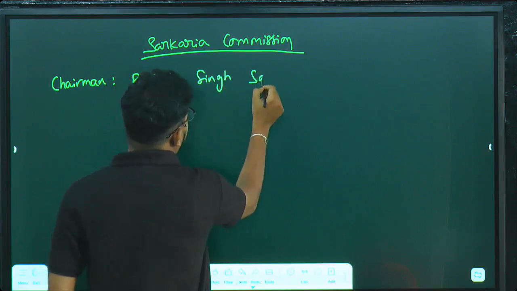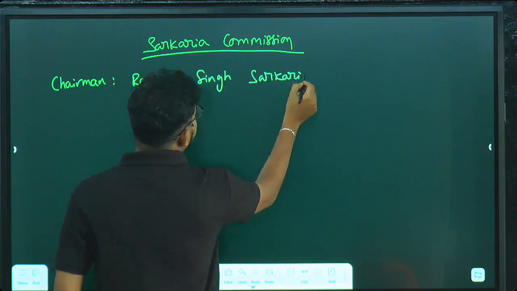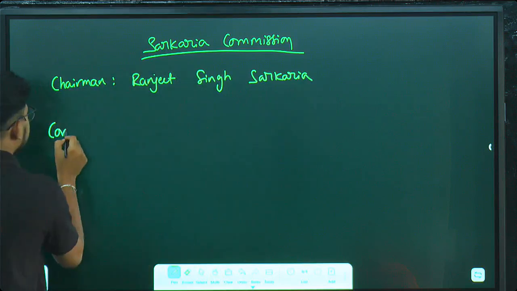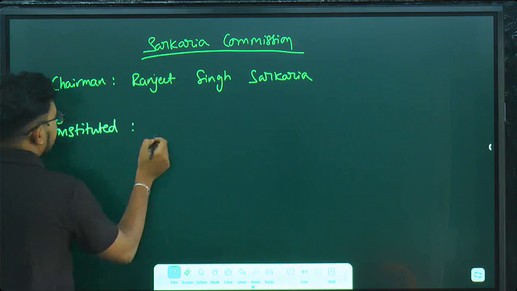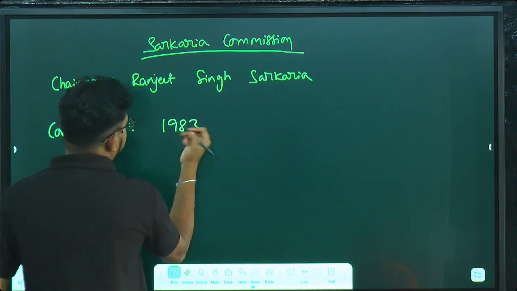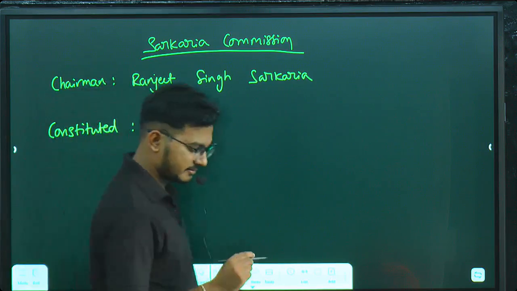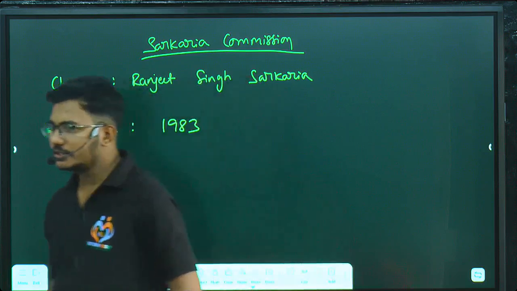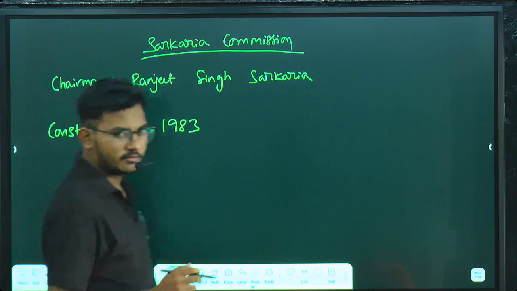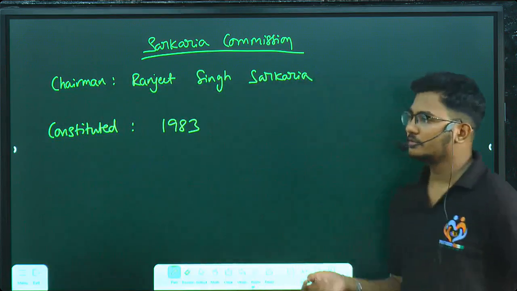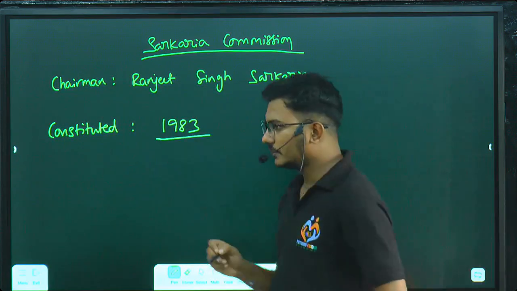Ranjit Singh Sarkaria. Okay. It was constituted in the year 1983. So in this year only we have won the World Cup, right? So you can remember it with the World Cup year.